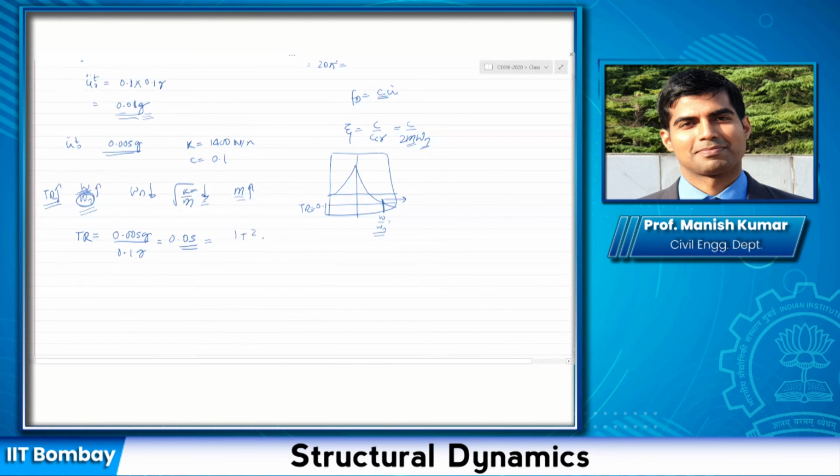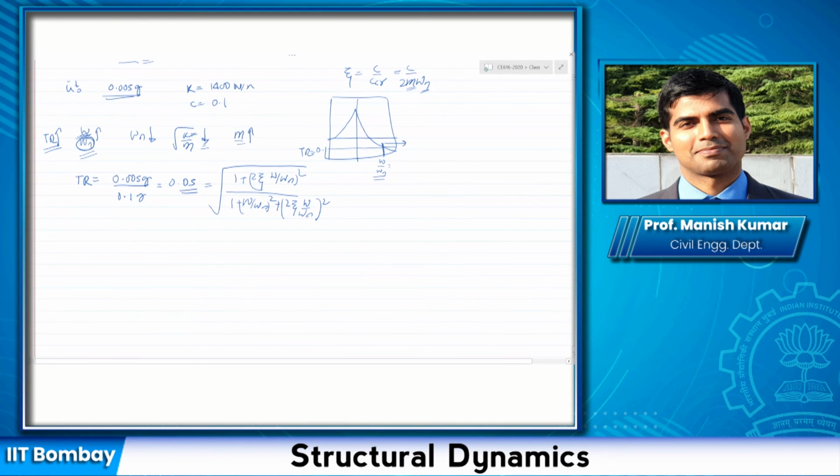So again, I would have this expression here, and I need to solve this. Now omega is the same, but zeta is now changed. Let us call this zeta 1, and omega n is also changed because mass is changing. So the natural frequency of the system would also change. Let us see what those are.